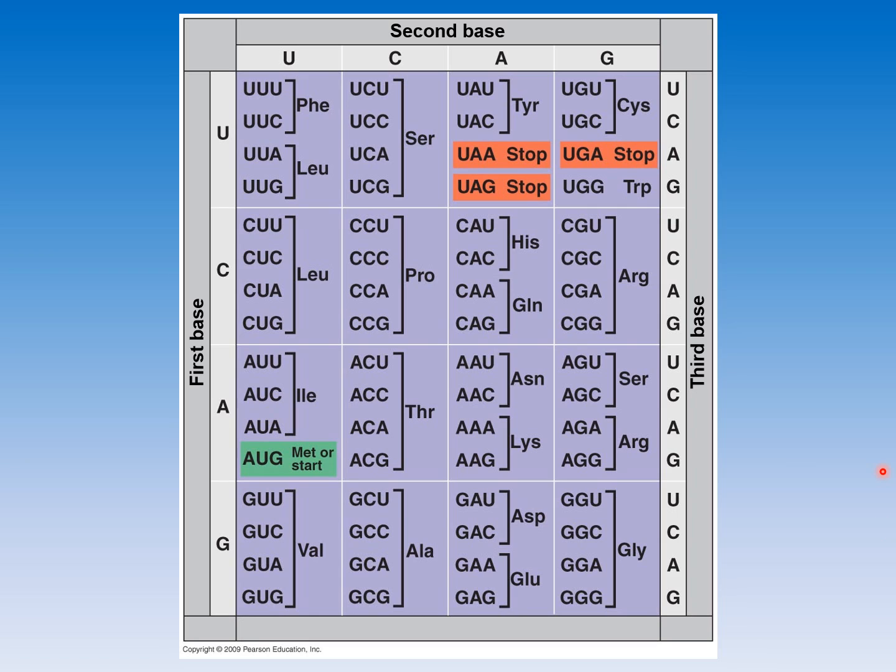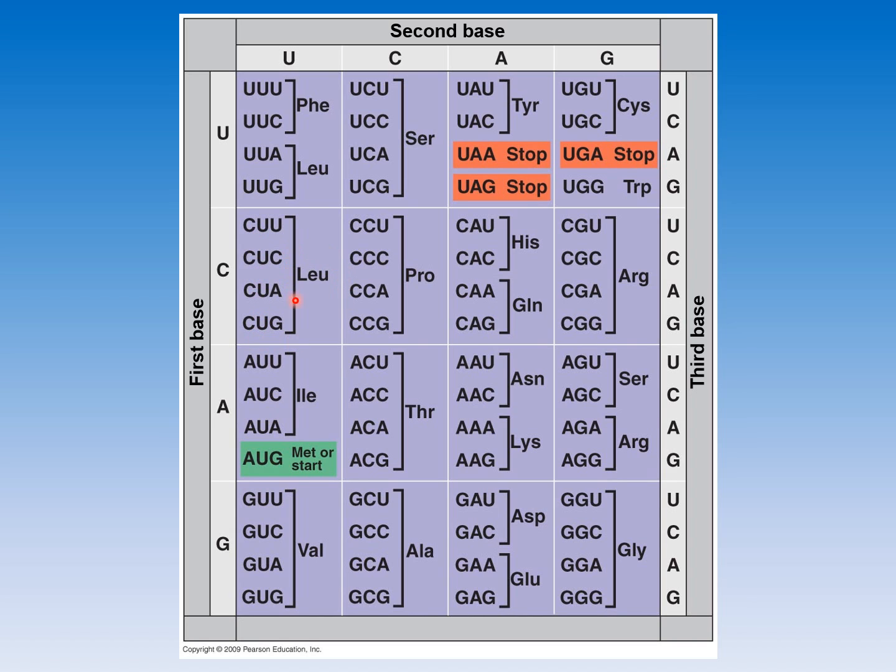So this is showing a table of all the codons, all 64 codons. And when we say there's redundancy, this is what I mean. Look here, this is showing that the first nucleotide base is going to be C, the cytosine. Then uracil is the second one.